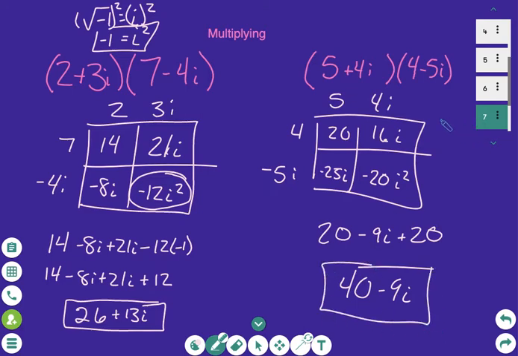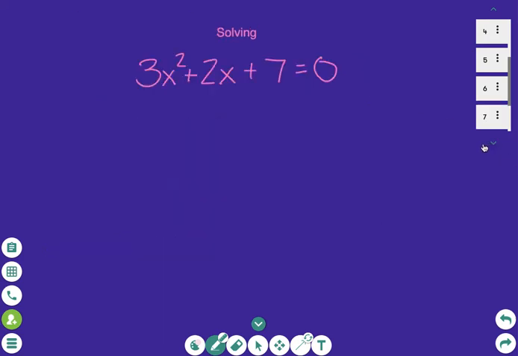So multiplying is a little bit more difficult just because of that squared piece, but that's just playing off of that relationship that the square root of negative 1 is i.